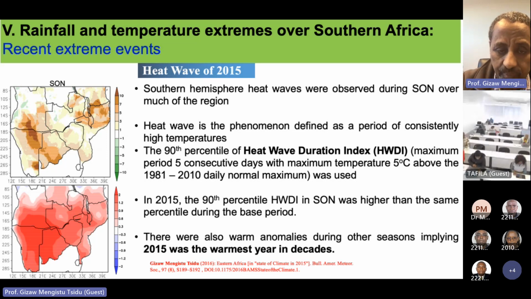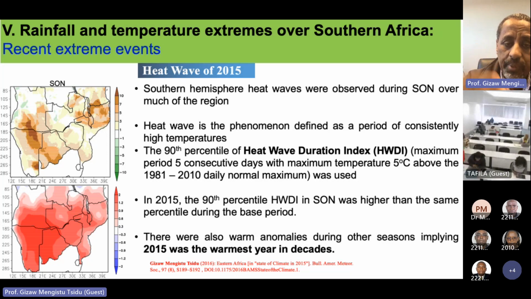Remember, we are not talking about the mean temperature. We are talking about the maximum temperature. When we talk about a heat wave, it's all related to maximum temperature. As a meteorologist, I'll tell you that we get a minimum and maximum temperature every day.